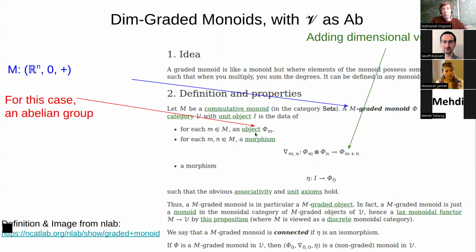But we're going to have objects in this category of abelian groups for each element of M. So there's going to be an abelian group for things that are dimensionless, things that have unit dimension, 0, 0, 0, so those are the exponents.